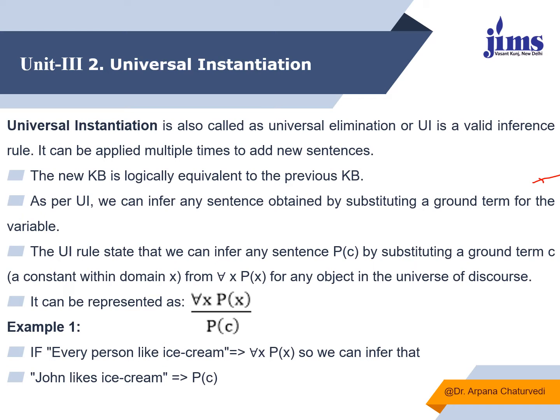Earlier we were saying for all x, if x is a person, then definitely x likes ice cream. Or I can say John likes ice cream. So I can say P and then John. So this is instantiation.